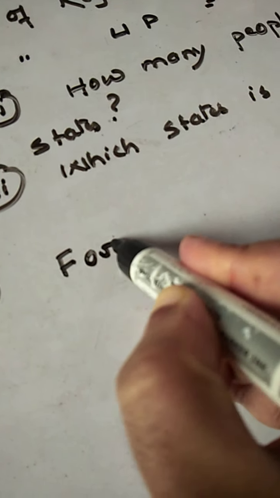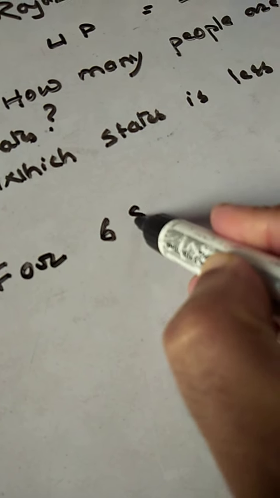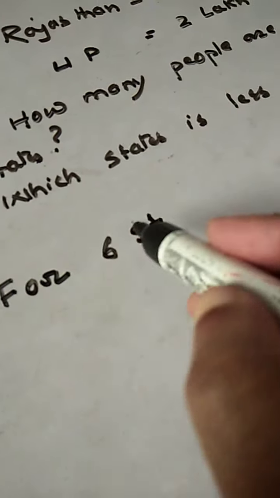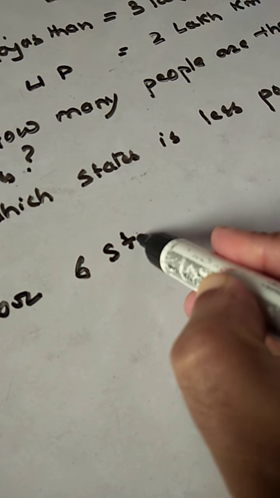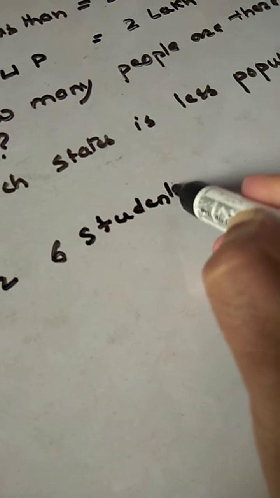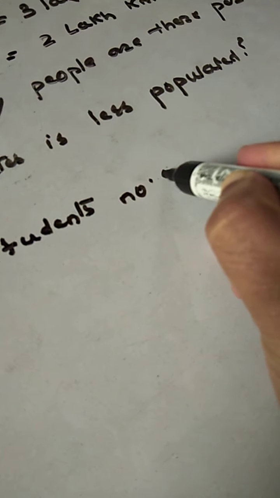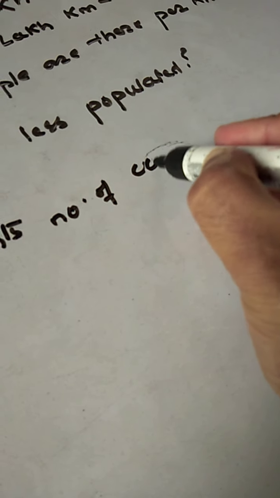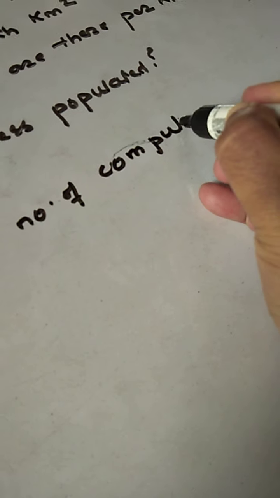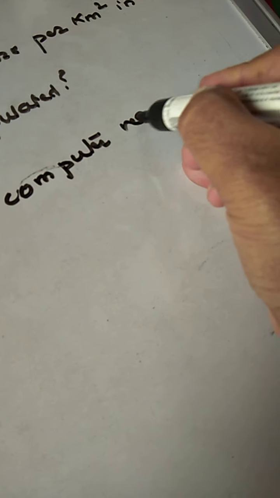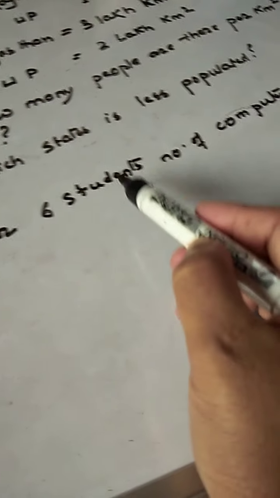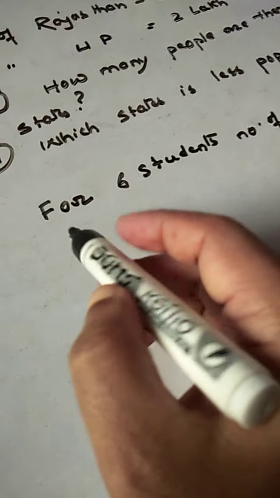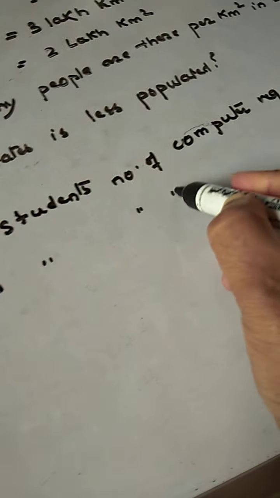For 6 students, as we have to find the number of computers, the sentence would be: for 6 students, number of computers required equals to what? 3. So for 6 students, number of computers required is 3. So for 1 student, number of computers required will be what?